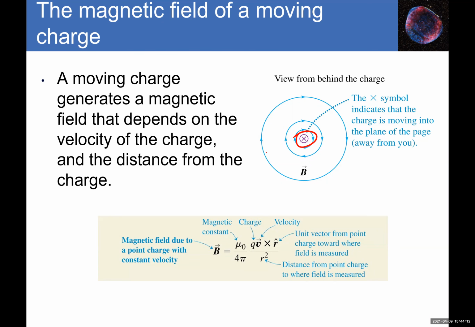So that's a single electric charge going into the page, and it generates those magnetic fields, which are those blue circles, around that electric charge. This is our electric charge, and it's going into the page.